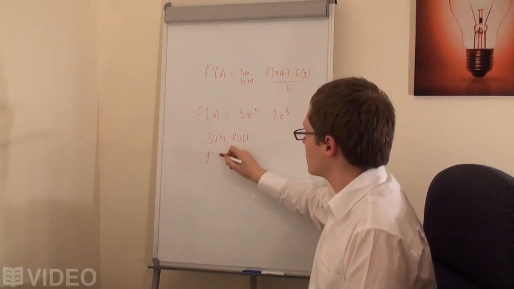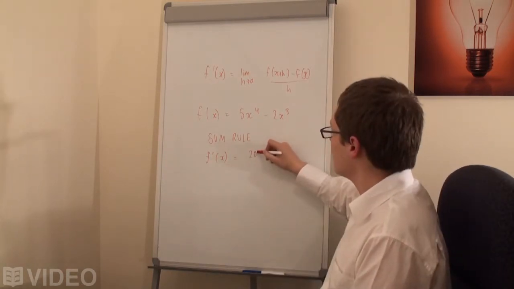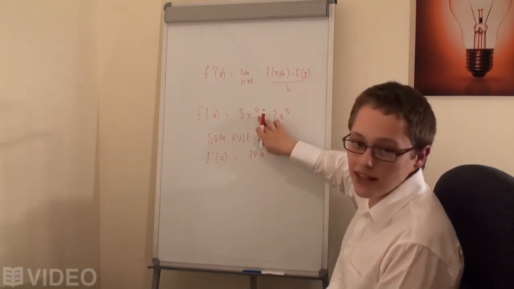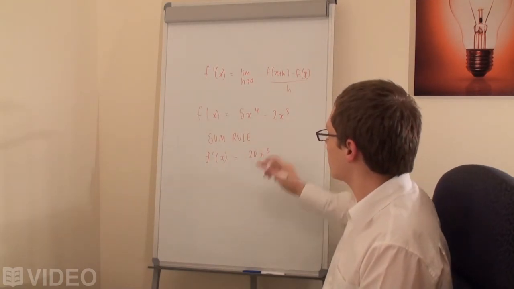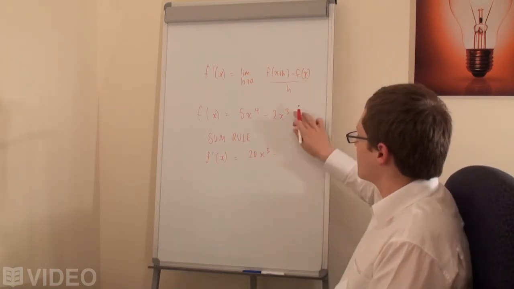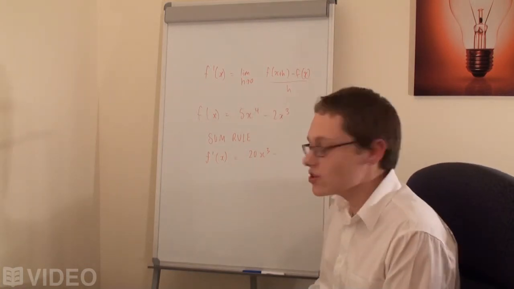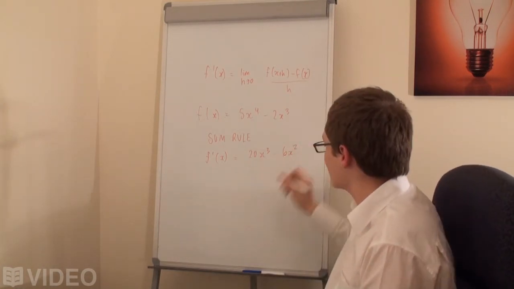Our first derivative will hence therefore be 20x to the 3, because I'm taking that 4 down and multiplying it by the 5, and then I'm subtracting 1 from the power, and that's how I get 20x to the 3. I then take that 3 down and multiply it by 2, so I get 6, and then I subtract 1 from the power, so it's 6x squared.